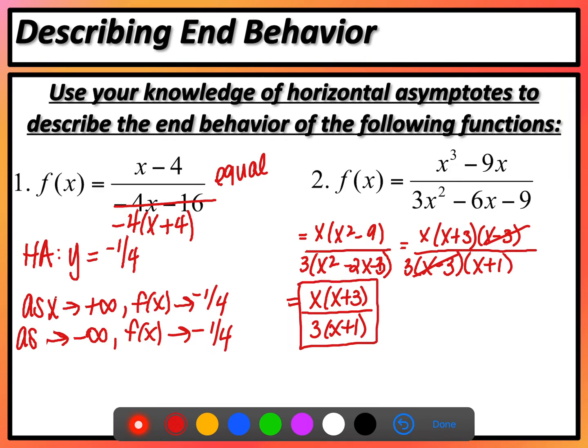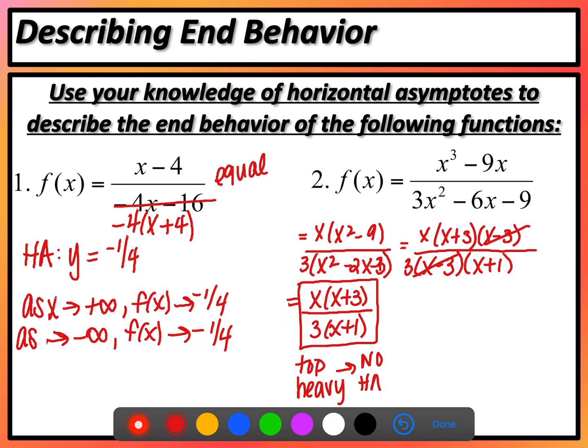Alright, so I do have some values that cancel out. Okay, this is my simplified expression now. So I have 2 x's on the top and 1 on the bottom. So that means that this is top heavy.